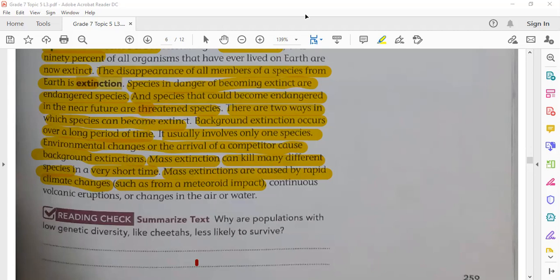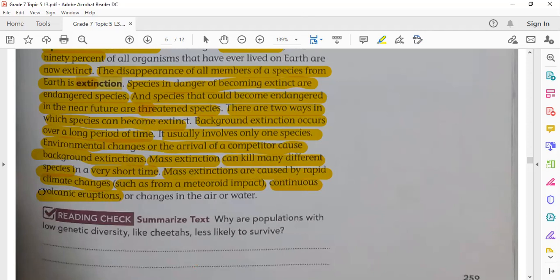Do you understand? Okay, mass extinctions are caused by rapid climate changes such as meteoroid impact or continuous volcanic eruptions. By the way, these eruptions can cover or destroy very large areas.